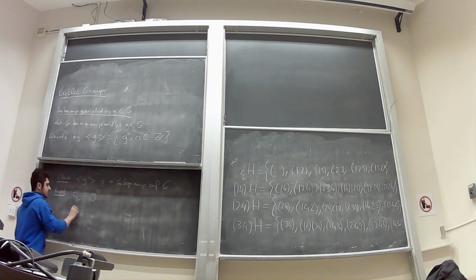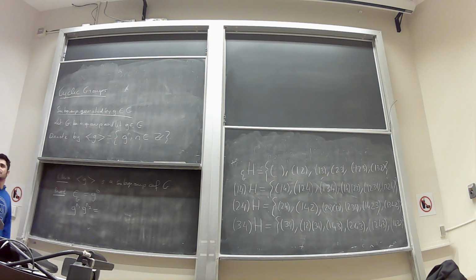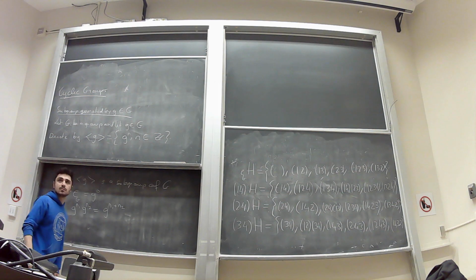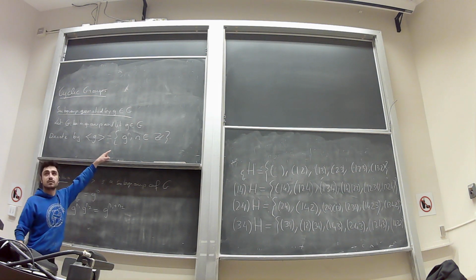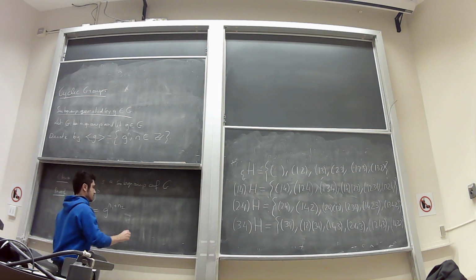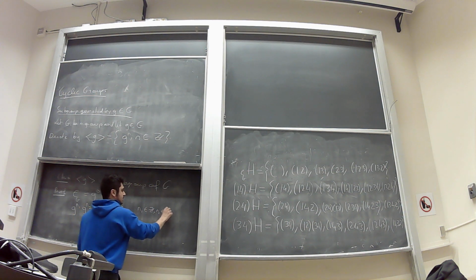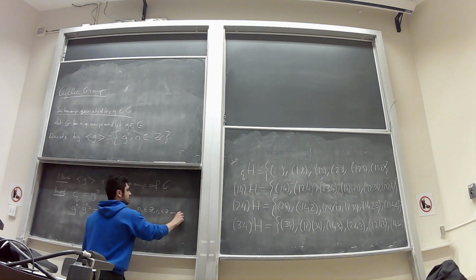Now if I take g to the n1 times g to the n2, what do I get? I get g to the n1 plus n2, which is also in angled bracket g, since n1 in Z and n2 in Z implies that n1 plus n2 is in Z.